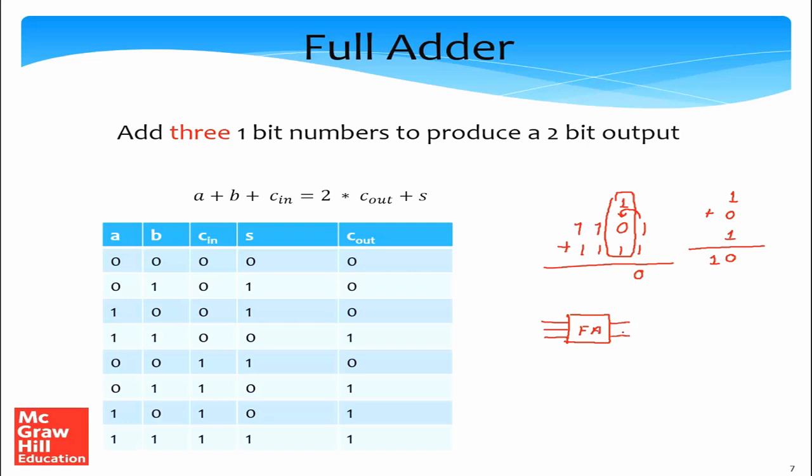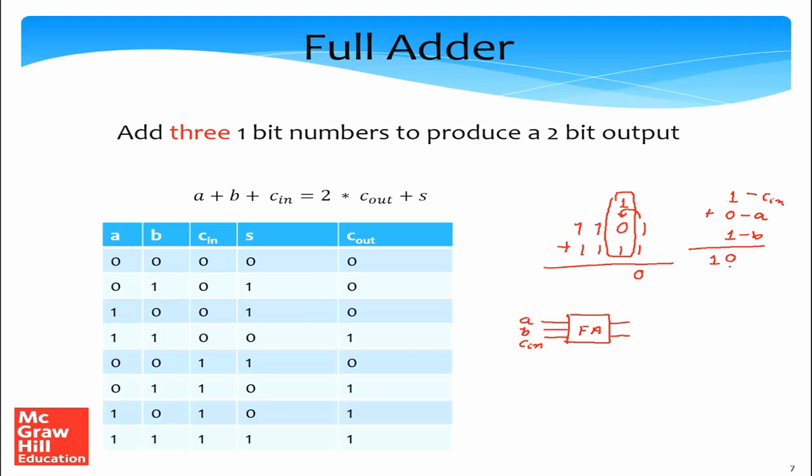The 3 input bits can be called A, B, and a carry in. The first number here can be called A, this number can be called B, and there is a carry which is coming from the right, so this can be called the carry in.